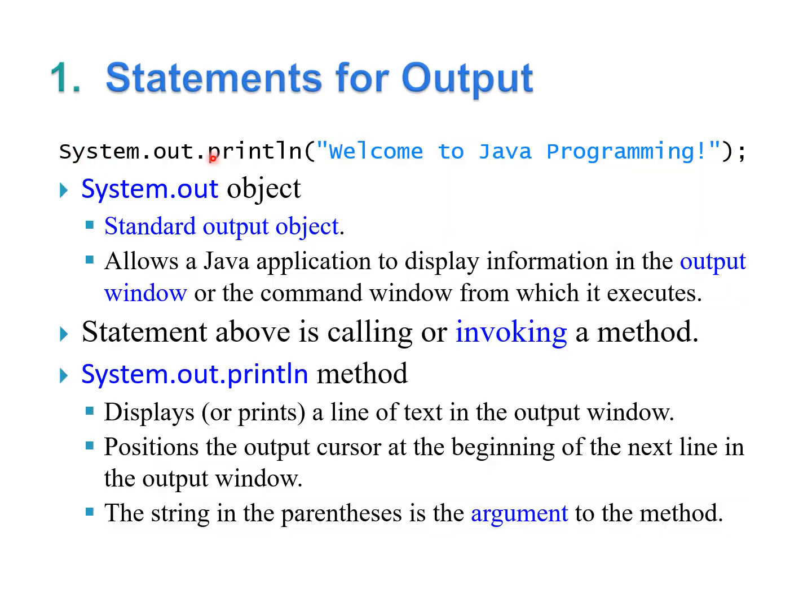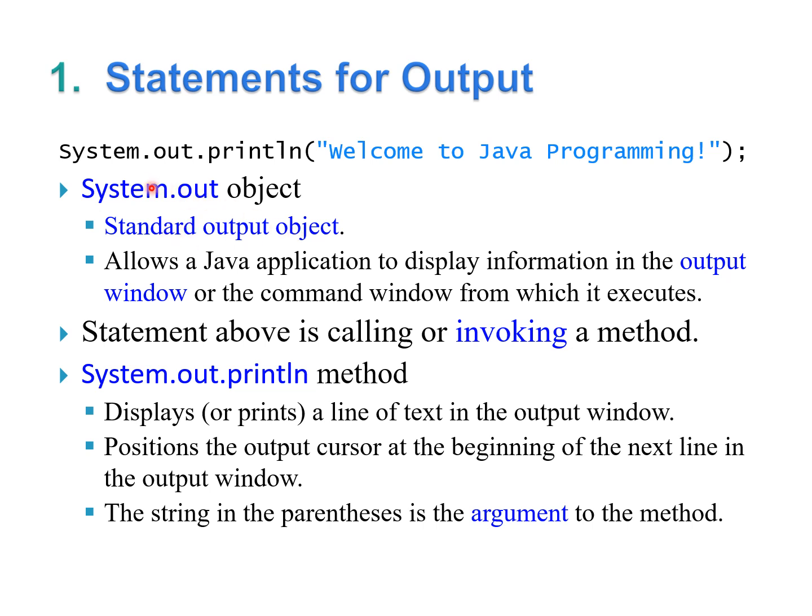This statement, which is the only statement in the main method of our Welcome1 program, is to print out a line of text that reads Welcome to Java Programming! This statement uses the object called System.out, which is known as the standard output object.